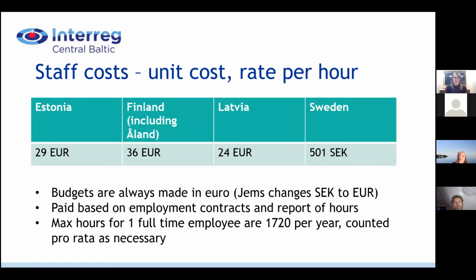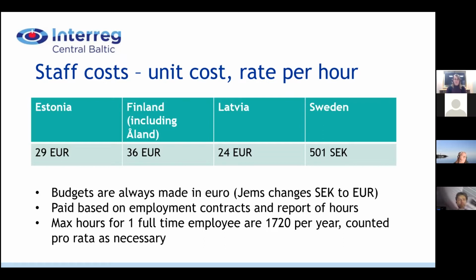Now, the next one, the staff cost. This is a very important cost category, as it is also the basis for calculating the later flat rates. The way it works is that all people employed in the project will receive one set sum per hour of work.